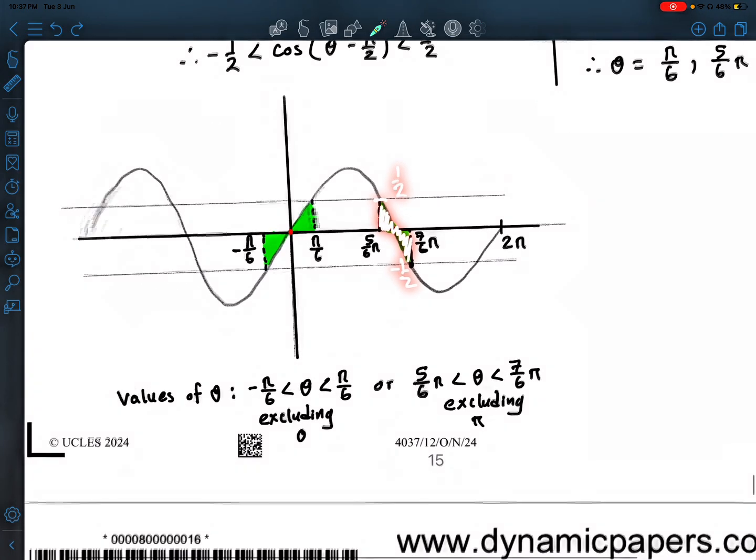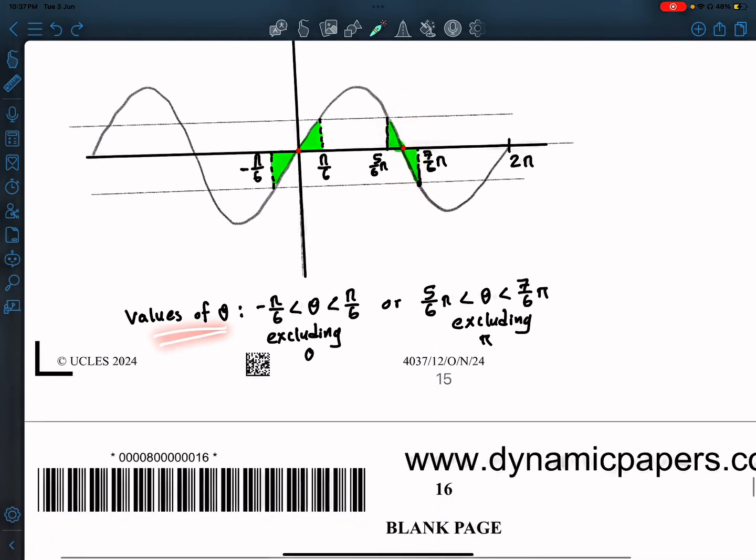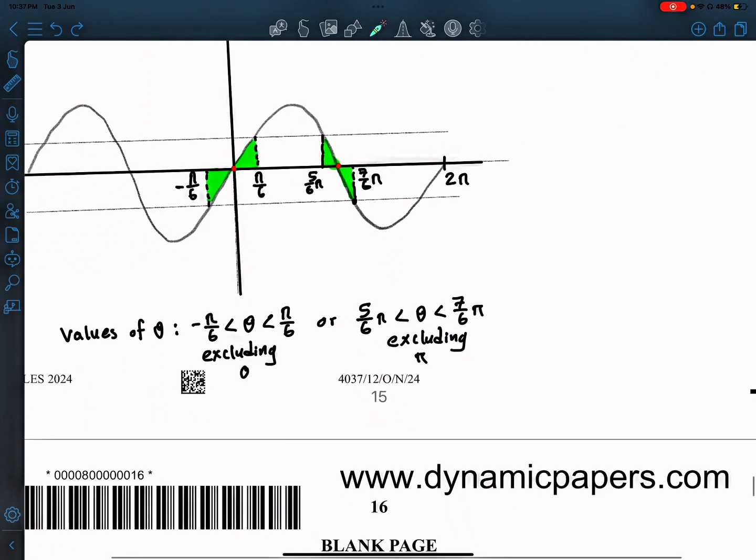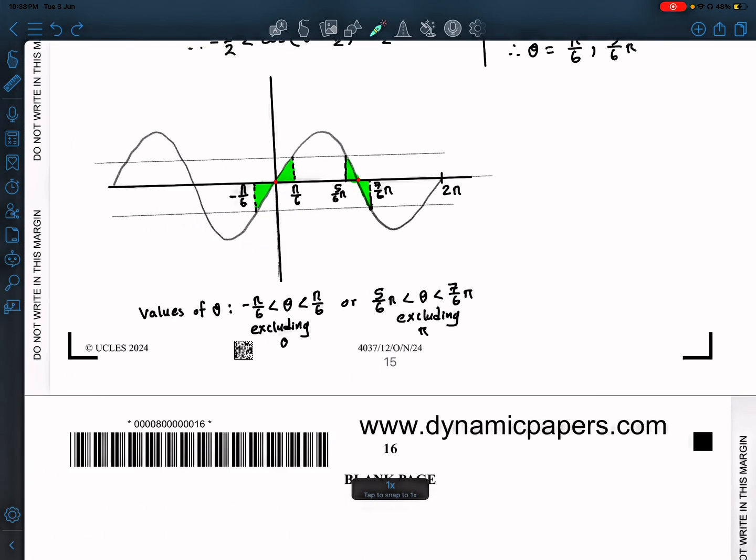So our final values for theta for which the curve is within these values is theta is greater than minus pi by 6 and less than pi by 6, or theta is greater than 5 by 6 pi and less than 7 by 6 pi.